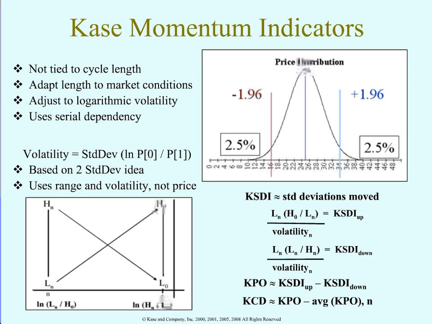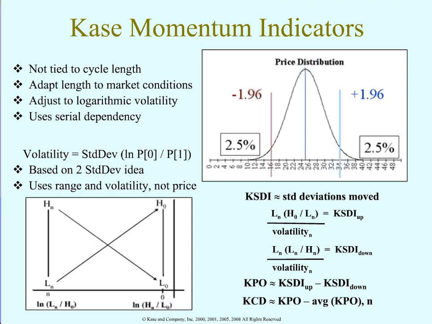So, I'm going to just answer this gentleman here. Okay, so the way that it works is it's looking at the logarithm of the high today versus the low n days ago.